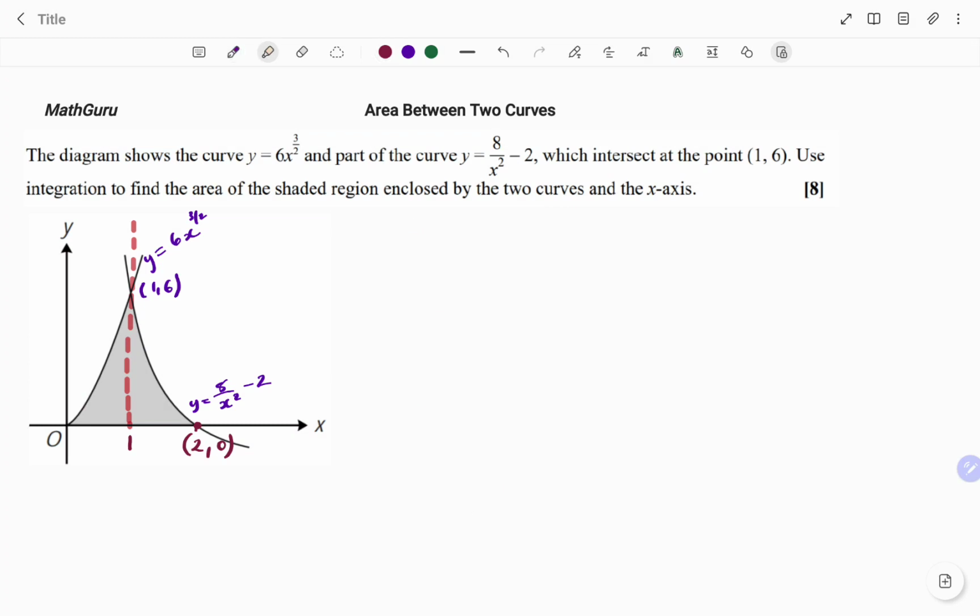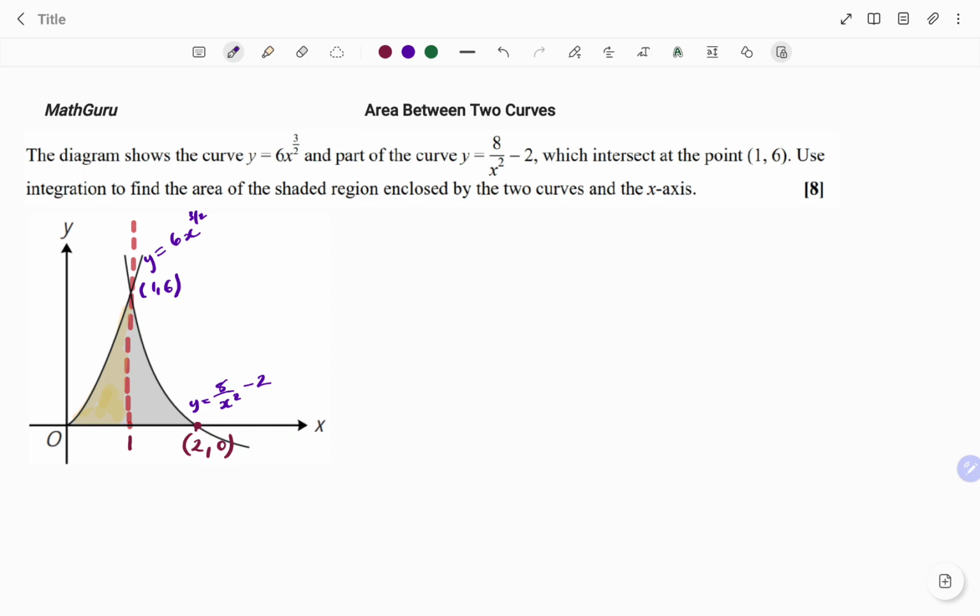The first shaded region I'm going to find is the one enclosed by the shaded part. I have that as y equals 6x to the power of 3 over 2. Note that this is between the boundary of 0 and 1.